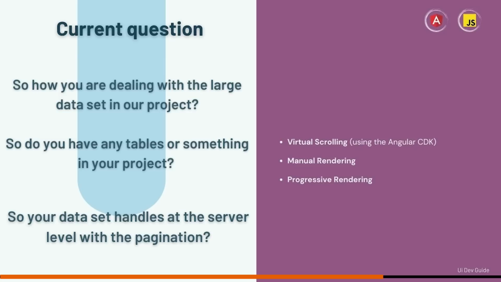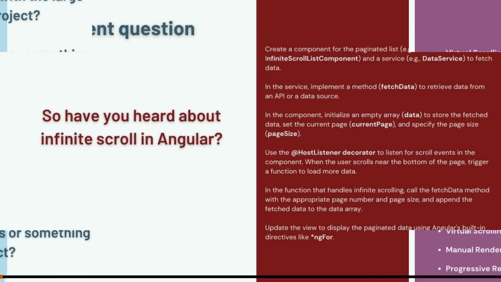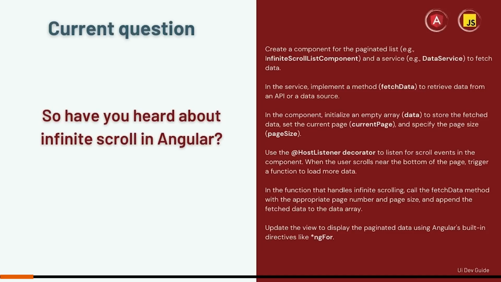The whole data is coming, but while displaying, the paginator works. Okay, have you heard about infinite scroll in Angular? No. Okay, note that down, because it gets used when a large data set comes. When you scroll down, it gets automatically loaded into the DOM.